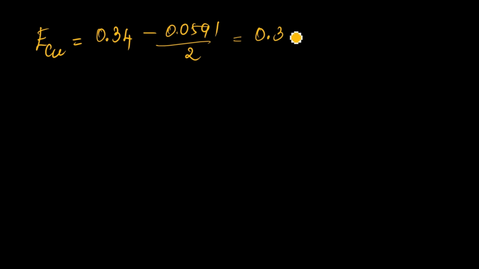So E of copper, 0.34 minus, upon substituting, log 1 by 0.1, that is equal to 1, because log 10 is 1. So 0.591 divided by 2 into 1, that will be 0.31 volts.